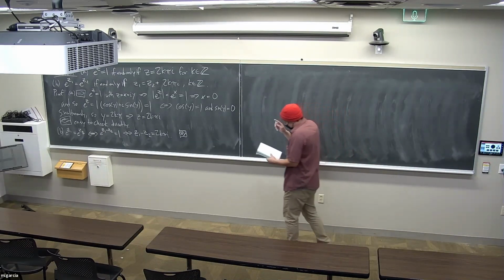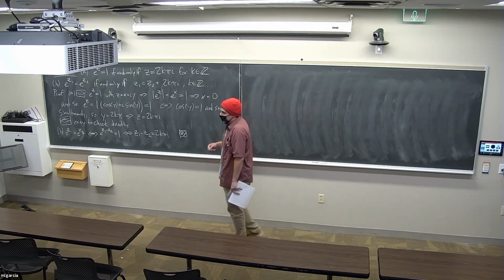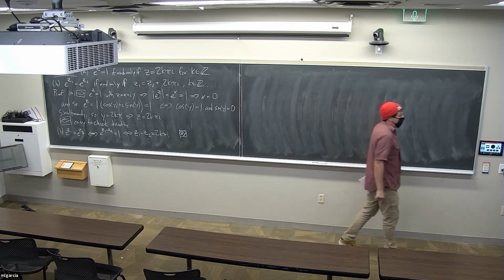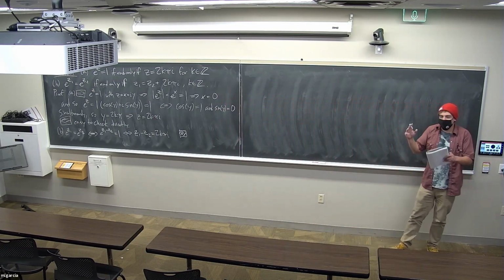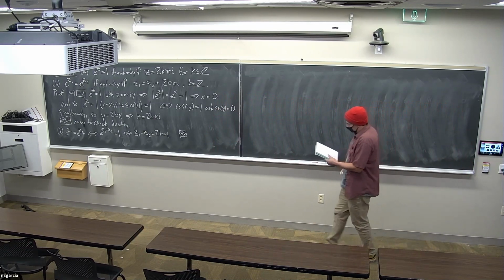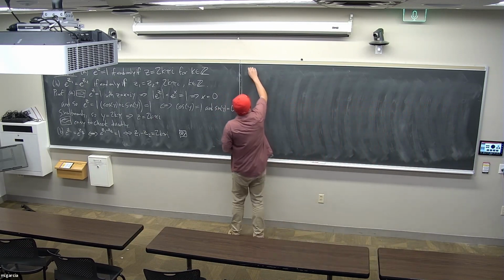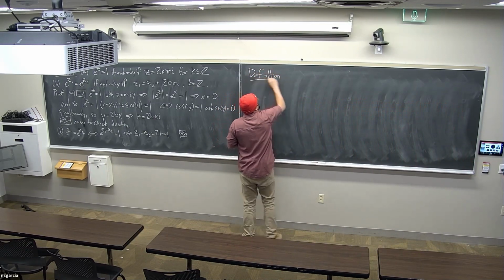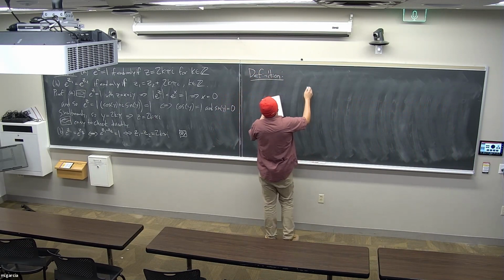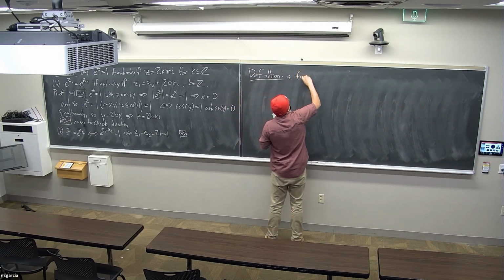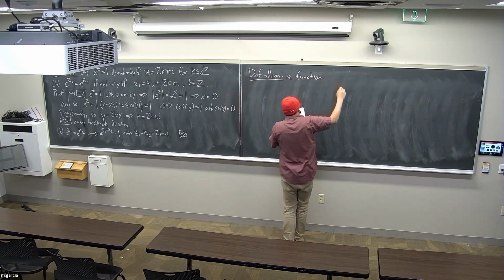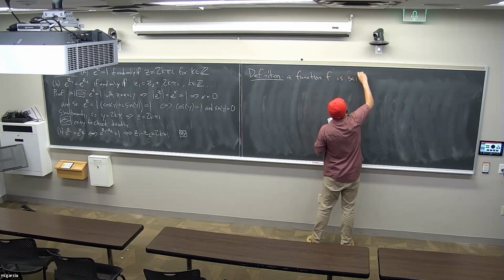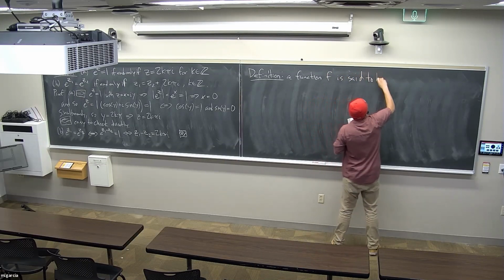So, but before that, let's say a little bit more about e to the z. It has some important properties in the complex numbers that it doesn't have for the real numbers. Namely, for example, a function f is said to be periodic.